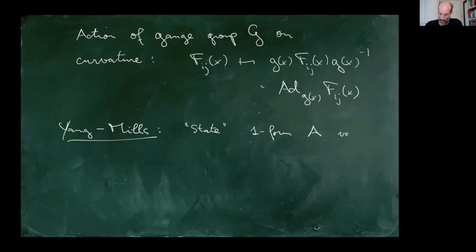With values in the Lie algebra g for some fixed Lie group G. So the Lie group G is fixed once and for all. Okay, so the capital G.